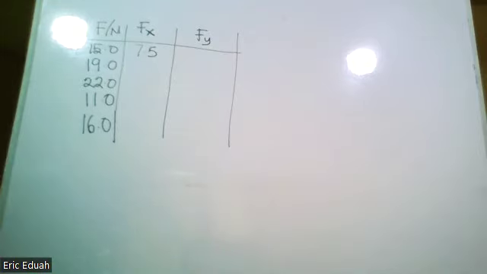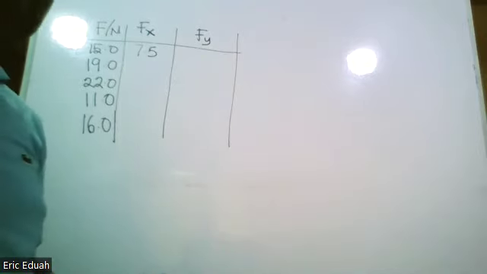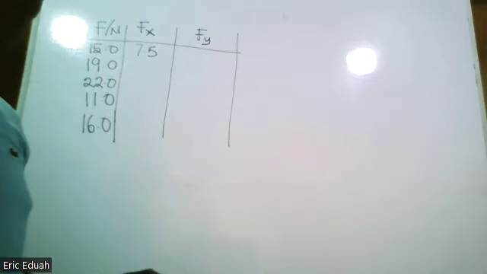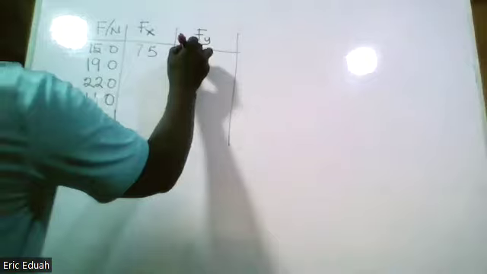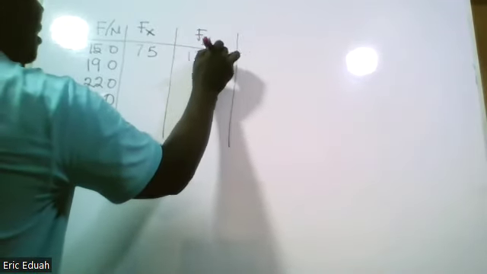Please, what is 15 sine 60? 7.5 times root 3. Help me calculate 7.5 times root 3. Yes, what is 7.5 times root 3? 12.99. Good. So we have 12.99.